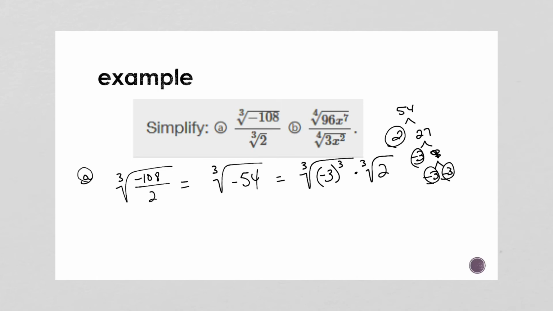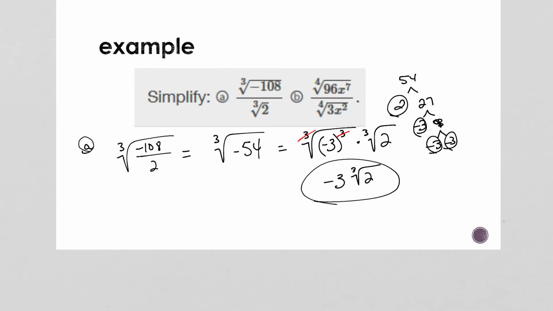Remember the 2 that was up here at the top, right here? Okay, so now I can take the cube root of -3 to the third power. The 3's cancel, and I'm left with -3 times the cube root of 2. So that's part A. All right, let's go ahead and go down here to part B.